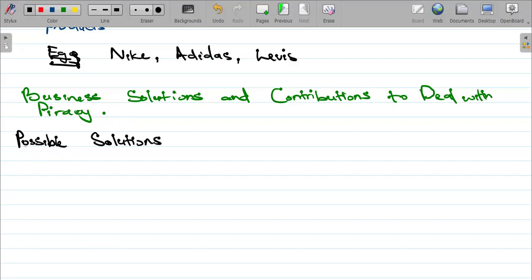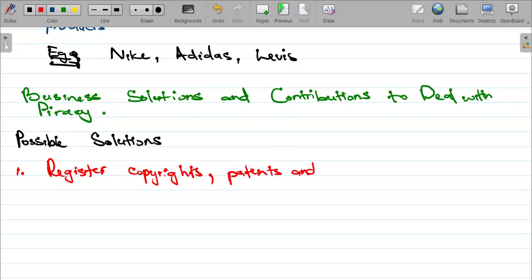So what would the business do in order to deal with piracy? It has to register copyrights, patents, and trademarks. It has to do monitoring and report piracy activities.